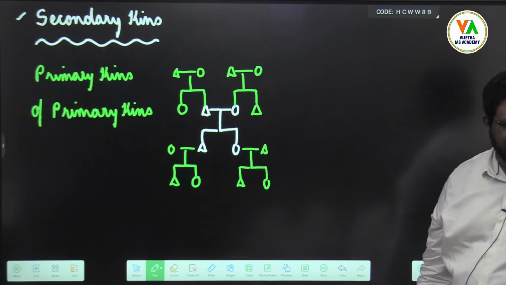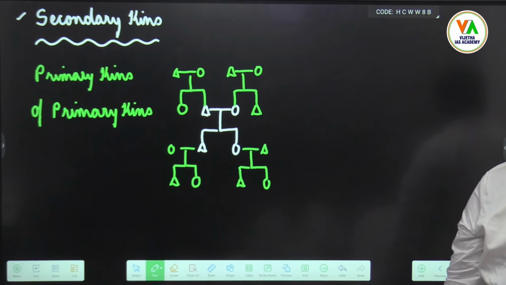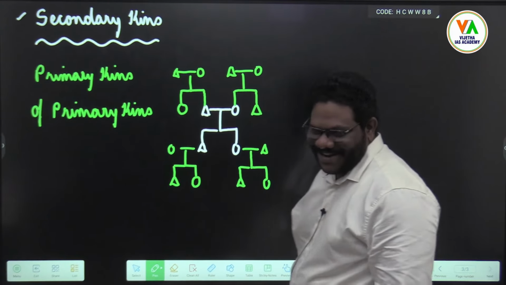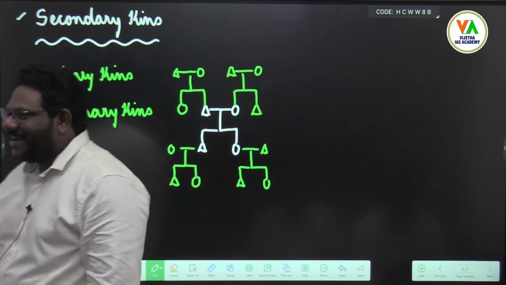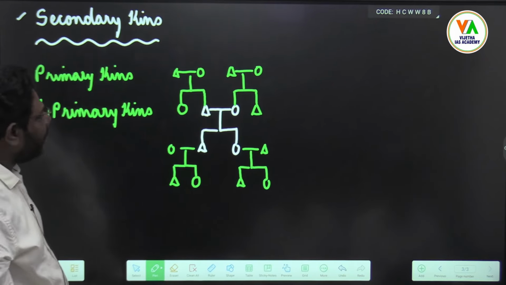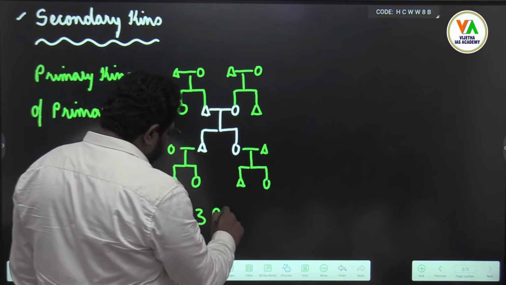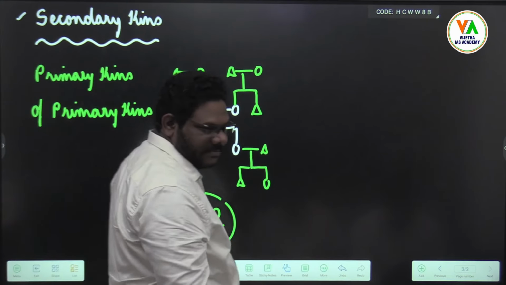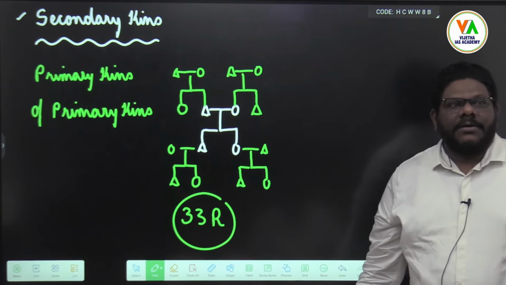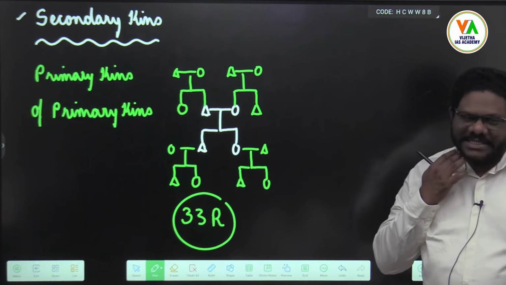In the family chart, is there any order specified, whether the sibling is elder or younger? No, not there. So in this case, total 33 relations are there. Now can you guess who could be tertiary kins?